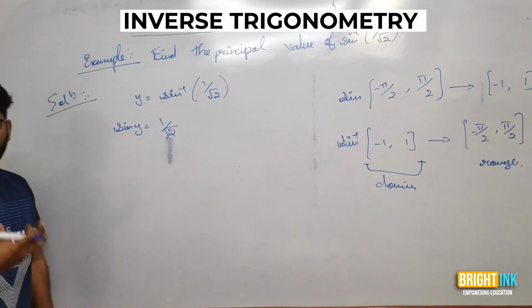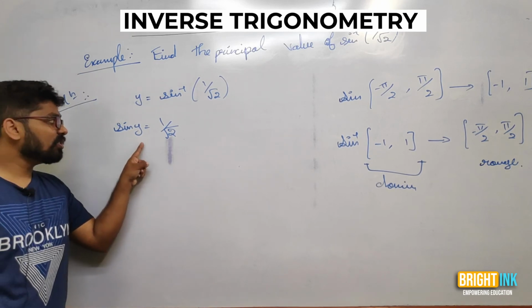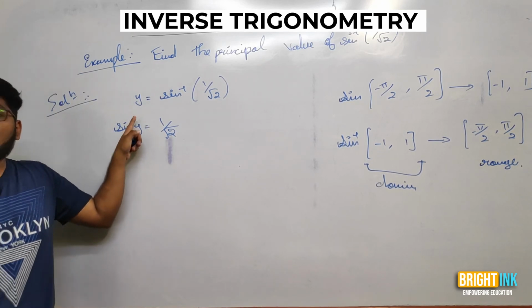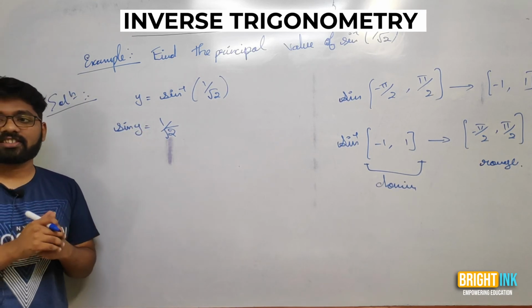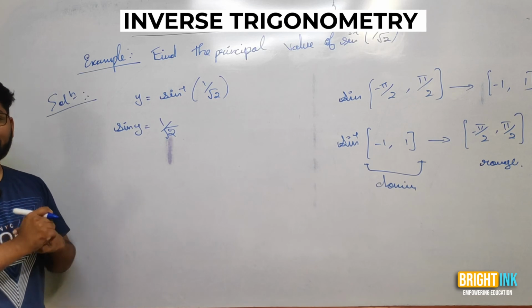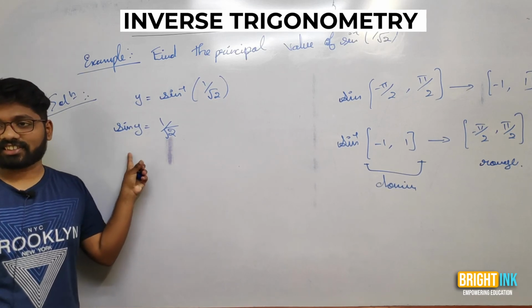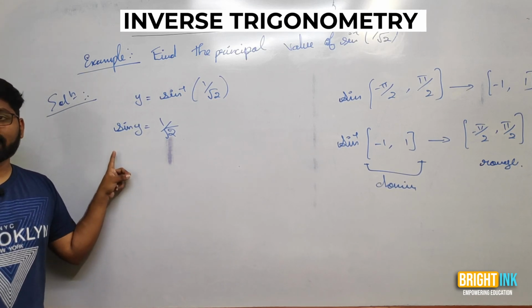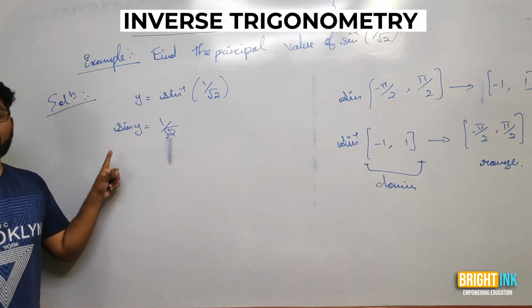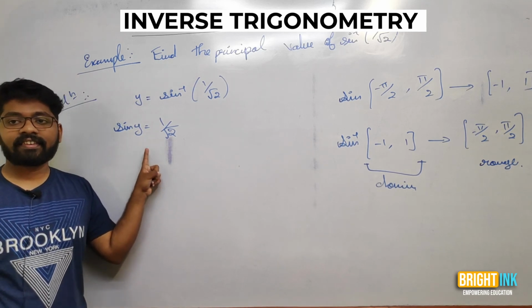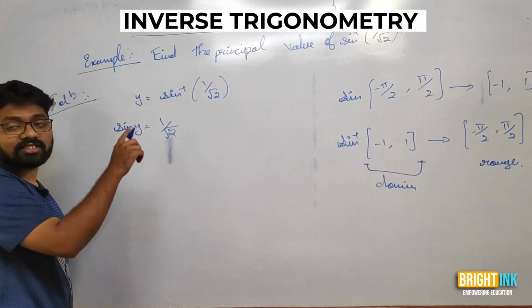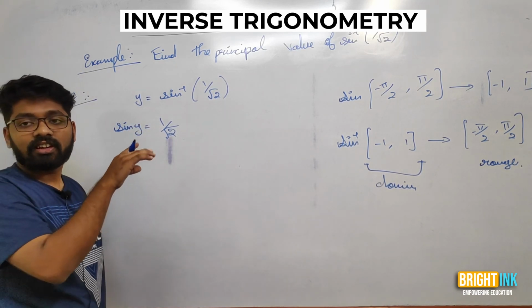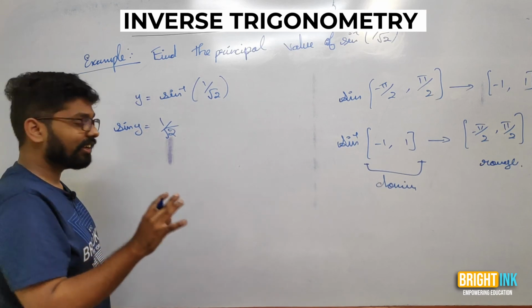Now tell me, for which angle of sine is your answer 1 by root 2? For this you should know the sine and cos table. Sine 0 is 0, sine 30 is 1 by 2, sine 45 is 1 by root 2, sine 60 is root 3 by 2, sine 90 is 1.